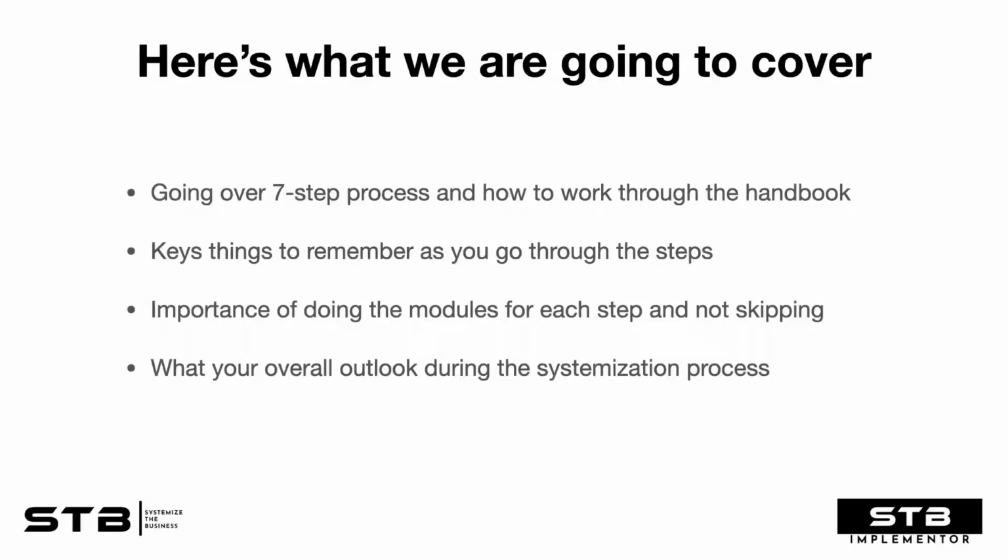There are 17 total modules for version 1 of the STB Implementor 7-step process, and we're going to go through all of them together. Then we'll go over key things to remember as you go through the steps, and the importance of doing the modules for each step and not skipping.